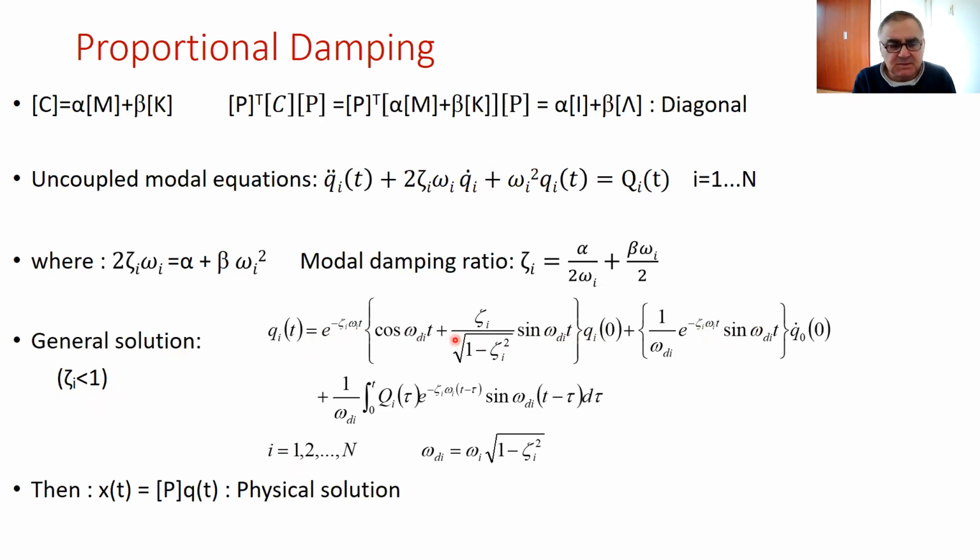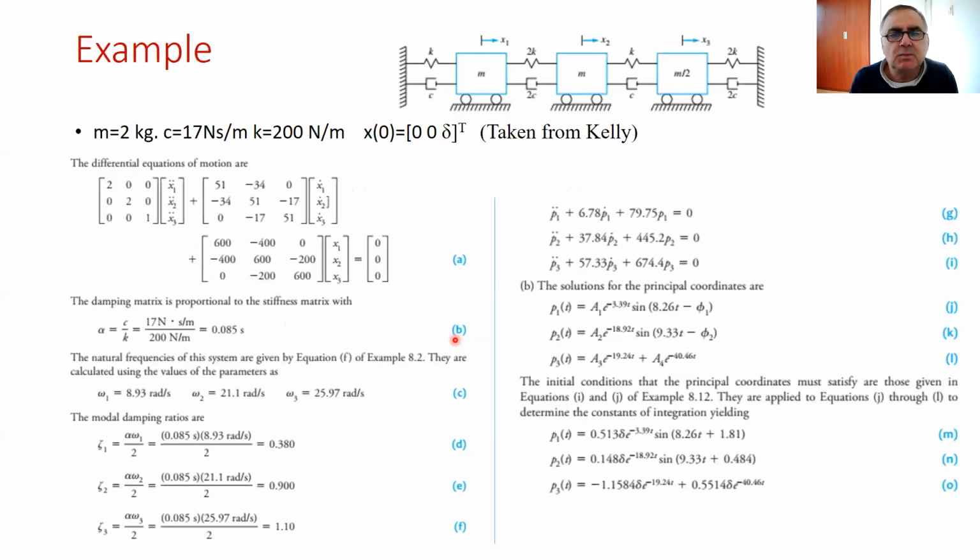Anyway, such is the case for proportional damping. The modal analysis can be extended to the case of proportional damping. So I will give you an example which I have taken from the book by Kelly. Actually, there are so many equations there that I didn't want to copy them. I just copied the picture here.